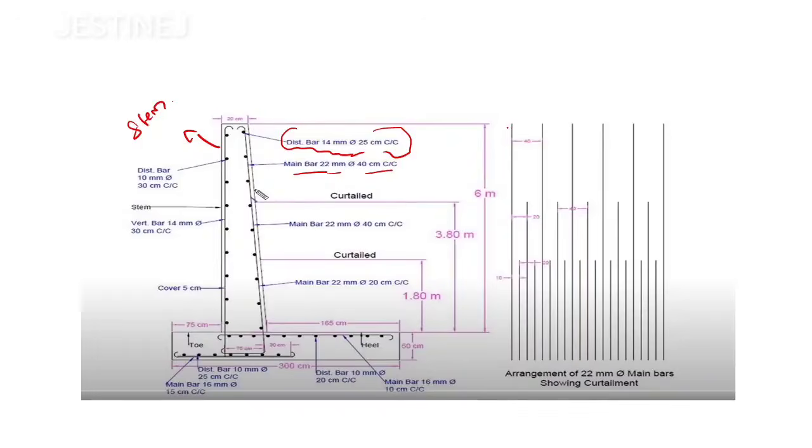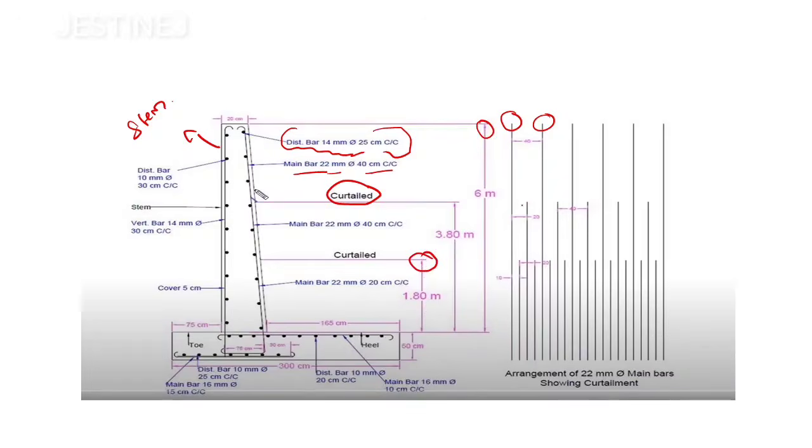This main bar is placed at a distance of 40 cm, and a curtailment is provided here, meaning some bars go only up to 3.8 meter, another bar is 6 meters, and another bar is 1.8 meter only.